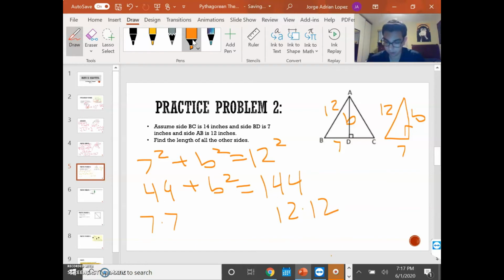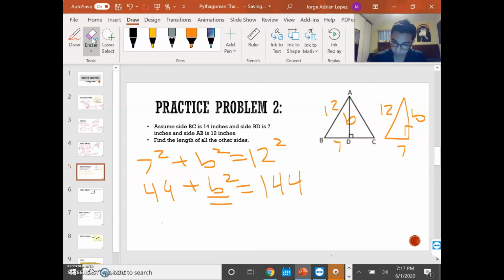Now, we need to figure out what b squared is, but we're going to have to use some algebra this time. It's not as easy as the other problem. We want to use some algebra so that we can leave b squared by itself in this equation.